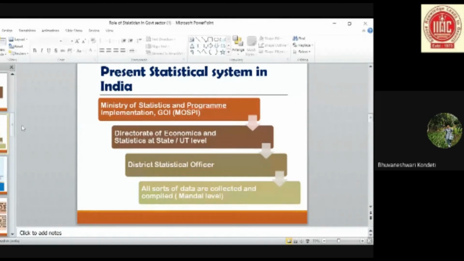If the data at mandal level is accurate, then only we can project that figure to the district, and from district we will project that figure to state, and from state to country. So for simple example I want to give you, in agriculture statistics, in newspapers daily we see like this year 148 lakh tons rice production is there.